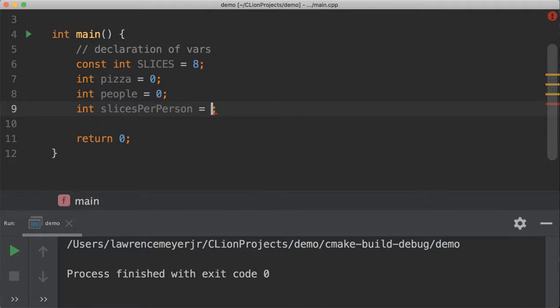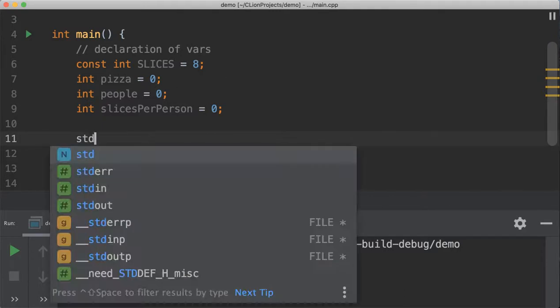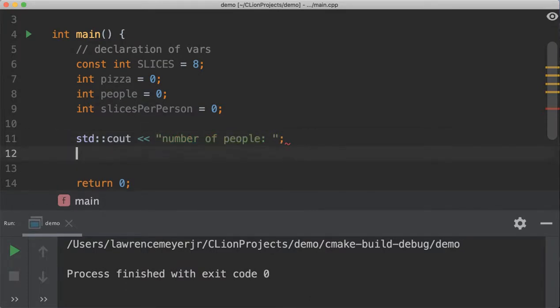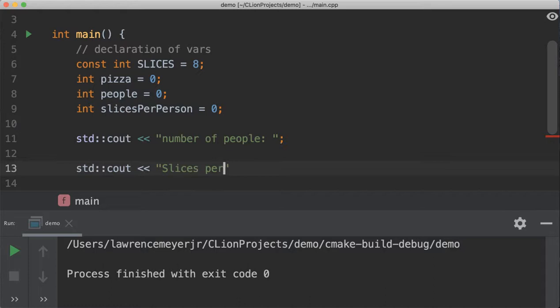So we have to ask a couple of questions. We have to ask them, how many slices is someone going to eat? And how many people are coming to the party? We need to ask. And then we need to grab it.